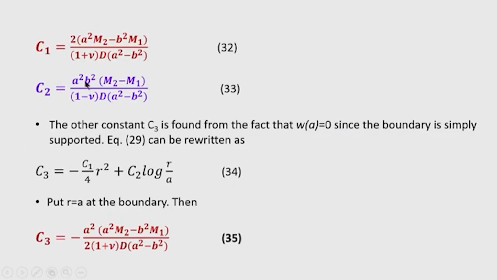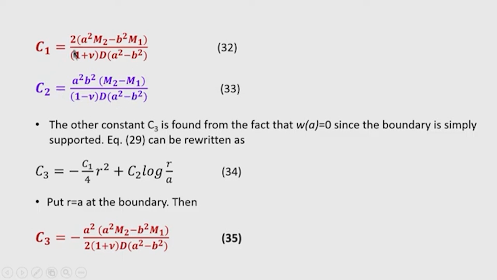So, obtaining the value of C 1 and C 2, we can write now C 1 equal to 2 multiplied by (a square m 2 minus b square m 1) divided by (1 plus mu) D (a square minus b square). Then C 2 is equal to a square by b square m 2 into (m 2 minus m 1) divided by (1 minus mu) into D into a square by b square.